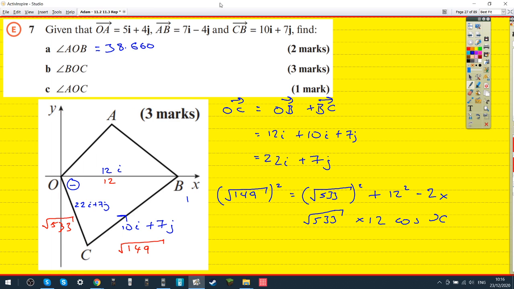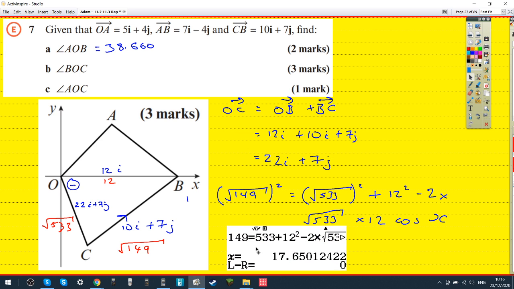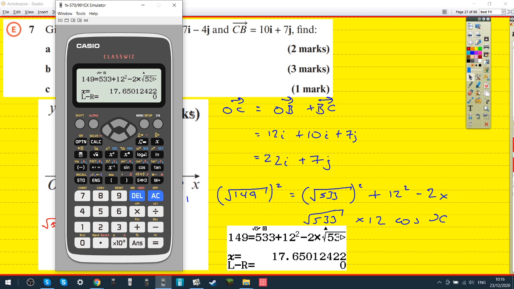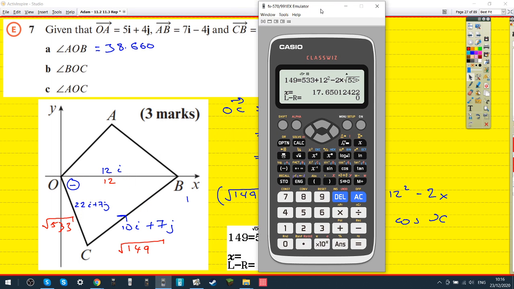And then part C, the angle AOC. Just add the two answers you got for the first and second one. Our first one was 38.660.